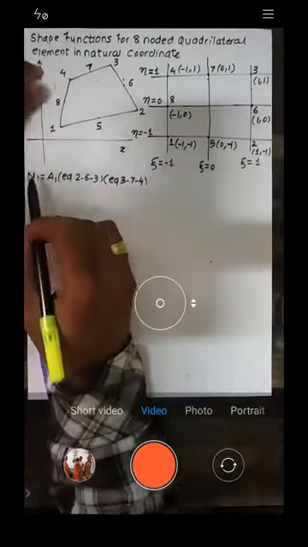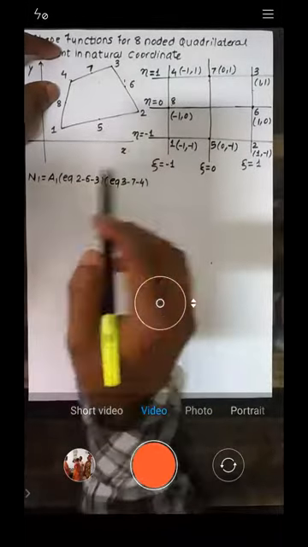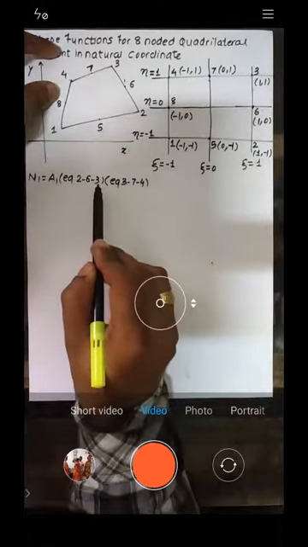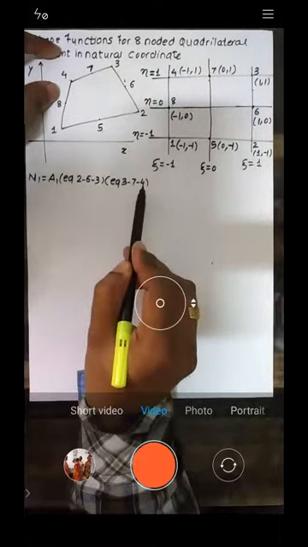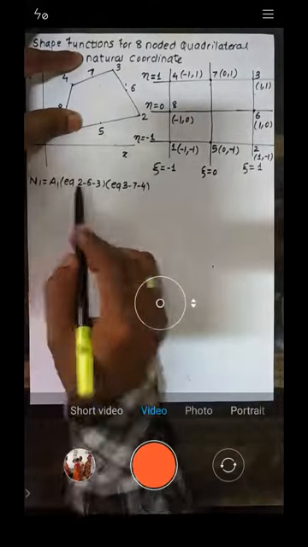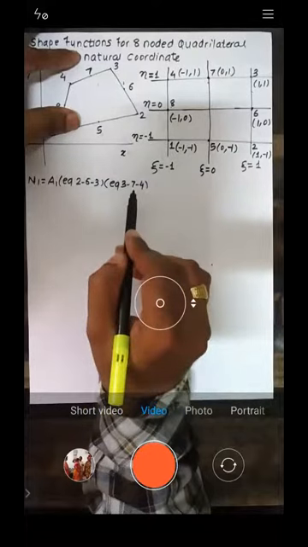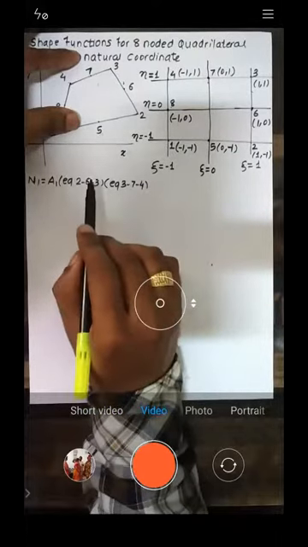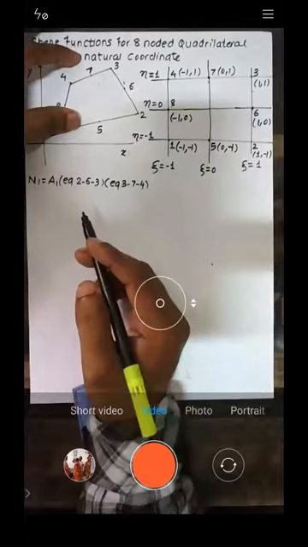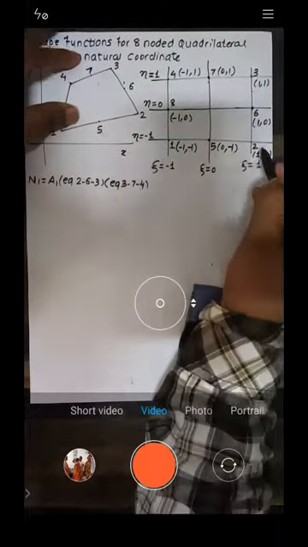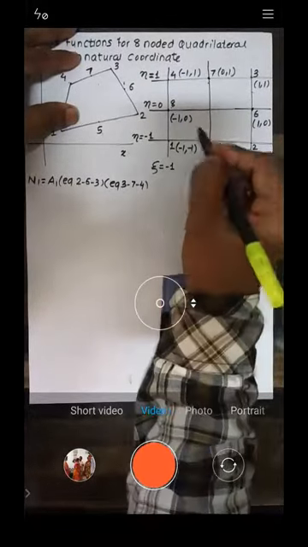Ultimately all the nodes should get covered. Node 2 is covered, node 3 is covered, node 4 is covered, node 5 is not covered. 6 is covered, 7 is covered, and 8 is not covered. So 2, 6, 3, 3, 7, 4 are covered, but 5 and 8 are not covered.